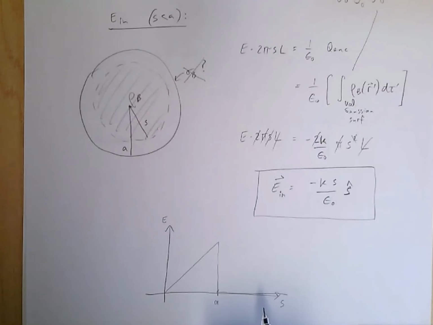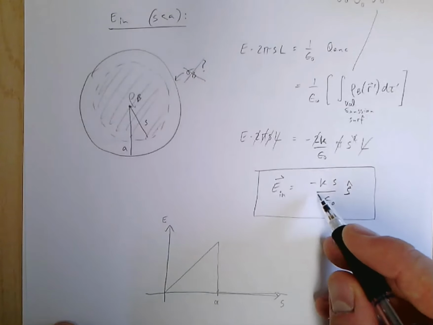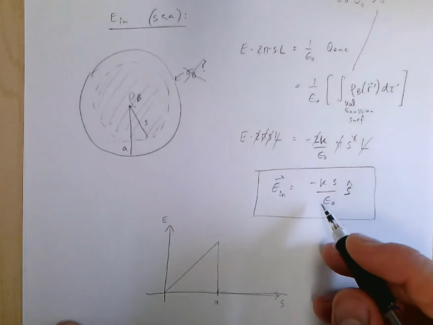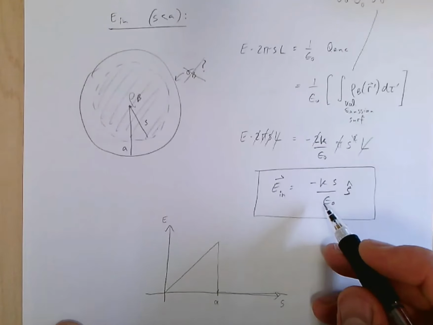Now why don't we take a look at part C? Let's see here. Did we do everything here? Find E inside and outside the cylinder. Okay, we found the magnitude and we found the direction. So it looks like the electric field actually points inward, right?